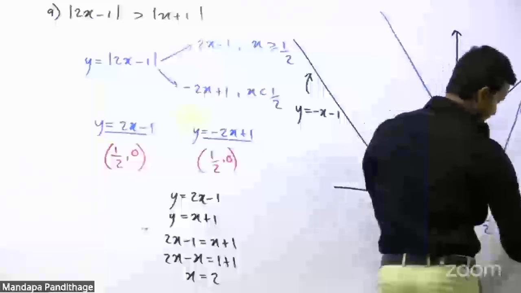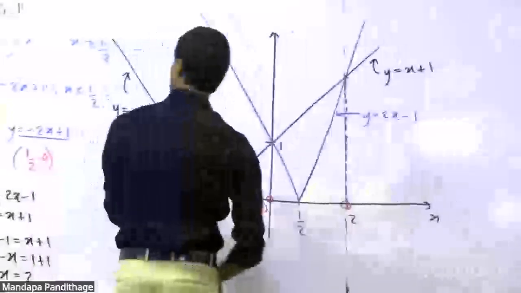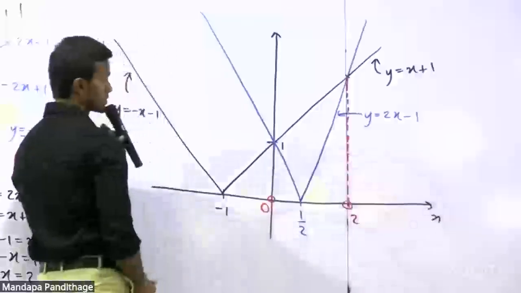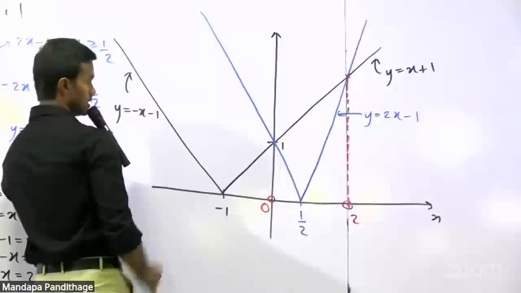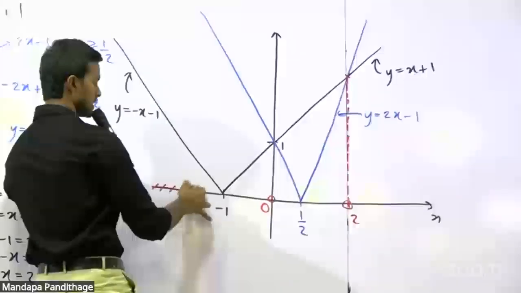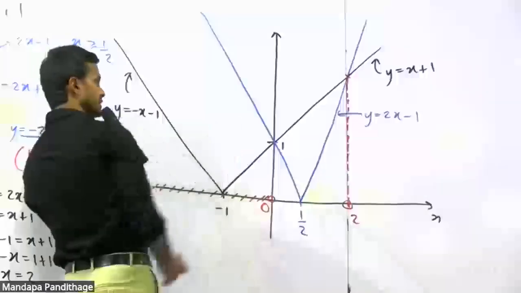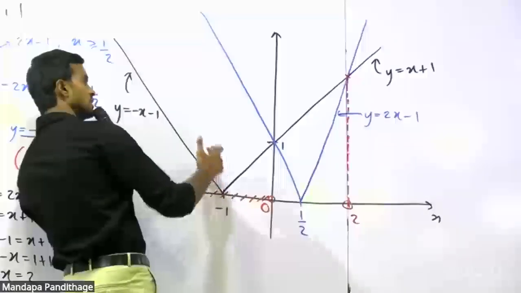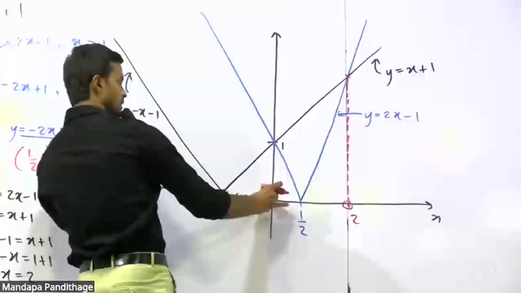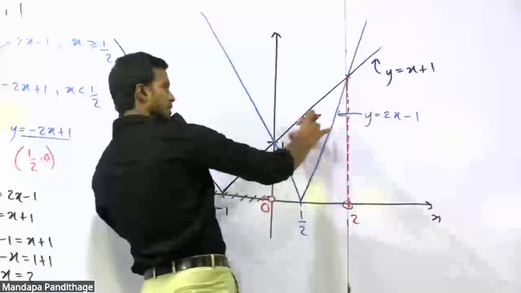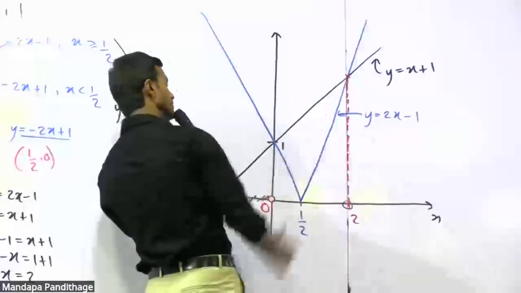And then look at the inequality. The blue colored one should be greater. It's clear that in this region the blue colored one is greater because it's going above the black colored one. In this region, the black colored one is greater because it's above the blue colored one.